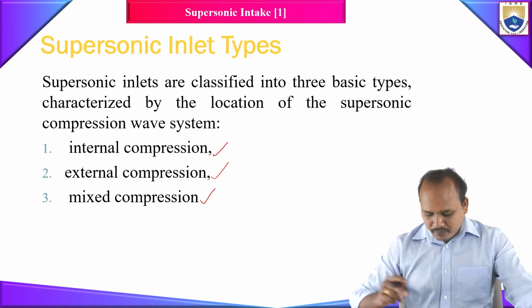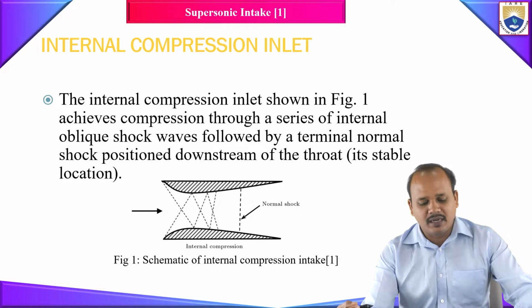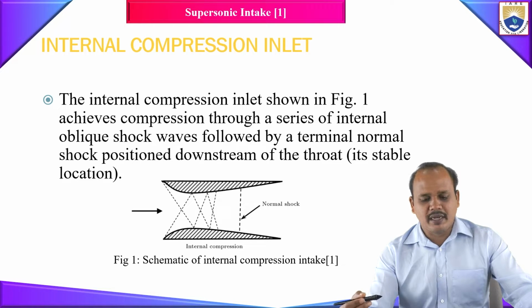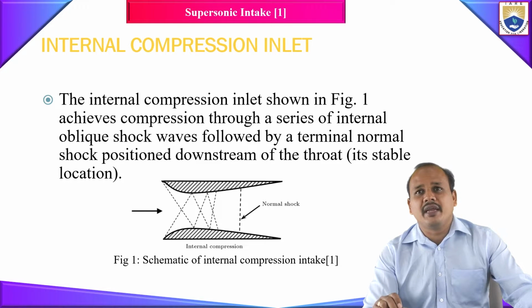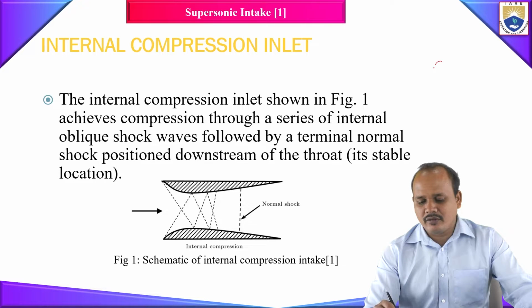So what is this internal compression inlet? Basically, the compression process will occur inside your intake. That's what we mean by an internal compression inlet. As I previously said, in your supersonic intake you will have the formation of a series of shock waves, that is, oblique shock waves and normal shock waves. When I have some object in my supersonic flow, I will have shock wave formation.